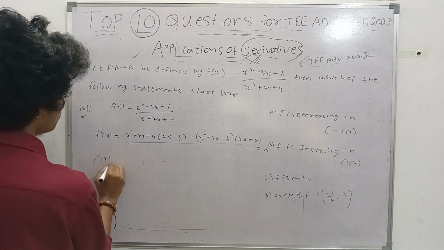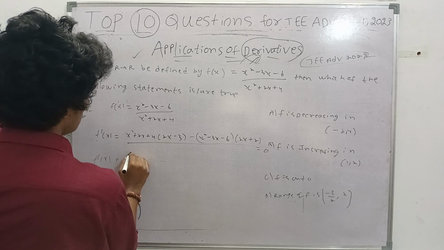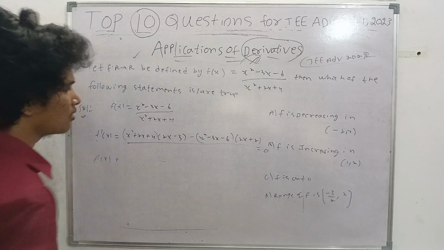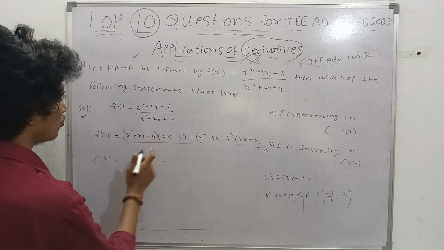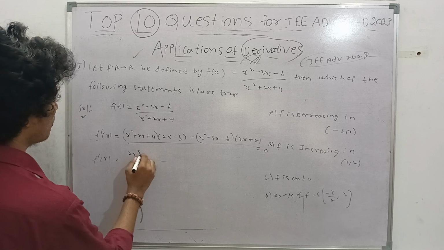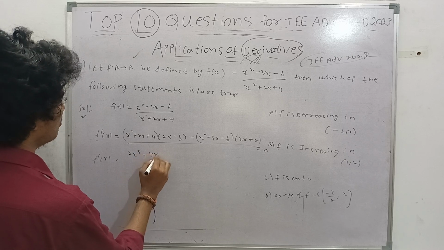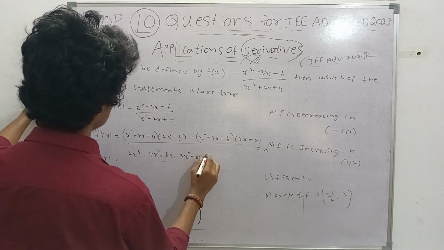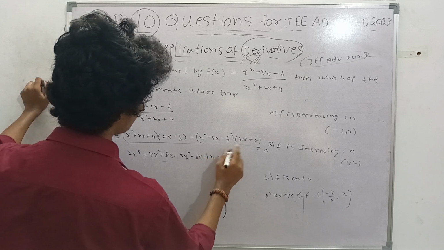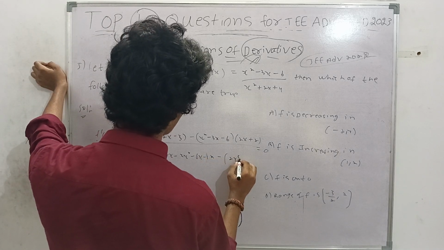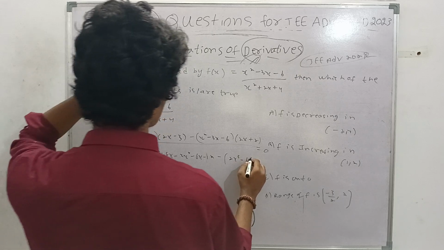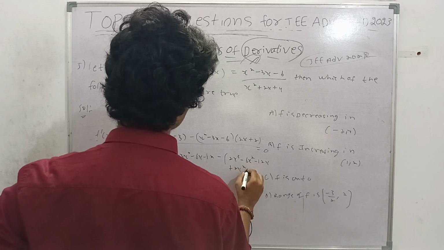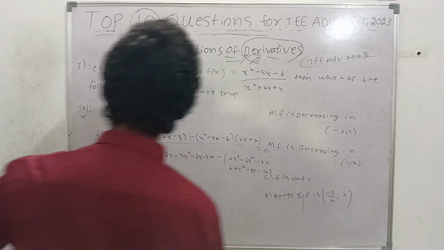So f dash x, here it will be x square, now we have to check this. It will be x square into 2x, it will be 2x cube plus 4x square plus 8x minus 3x square minus 6x minus 12, minus of 2x cube minus 6x minus 6x square minus 12x plus 2x square minus 6x minus 12.